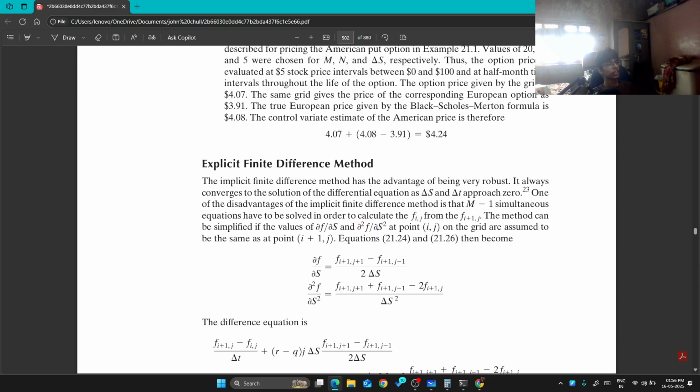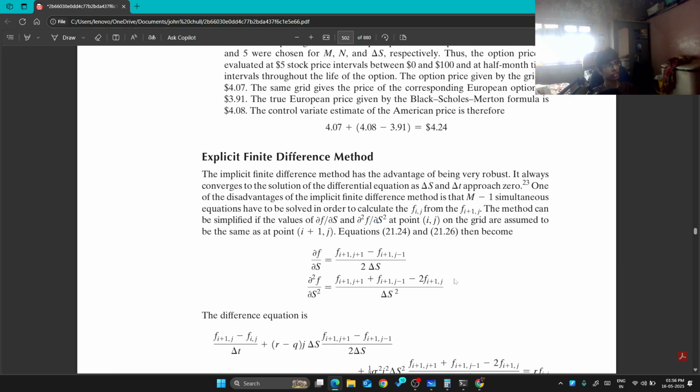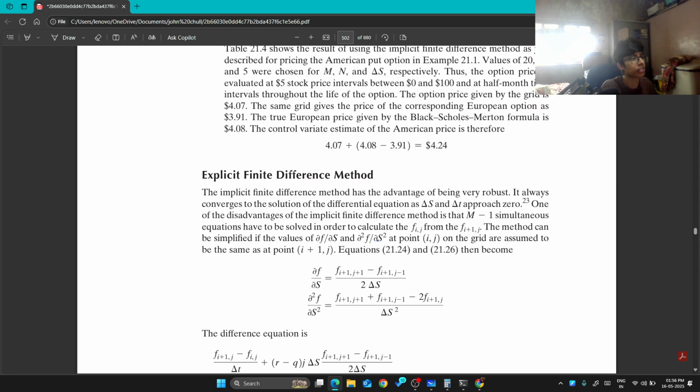Just solve it, and there is an explicit method. This was implicit, and implicit was more computationally dense. Then there is the explicit method where, if there is a matrix, how can I explain? You have to imagine a matrix.